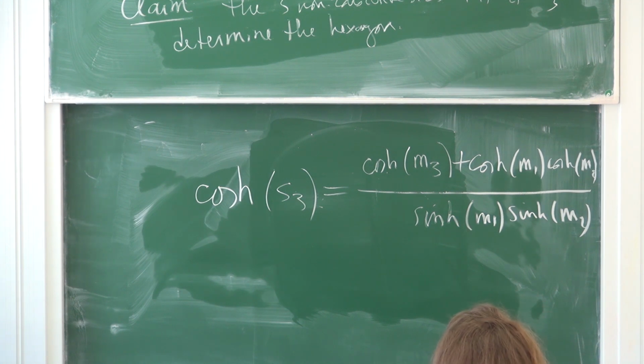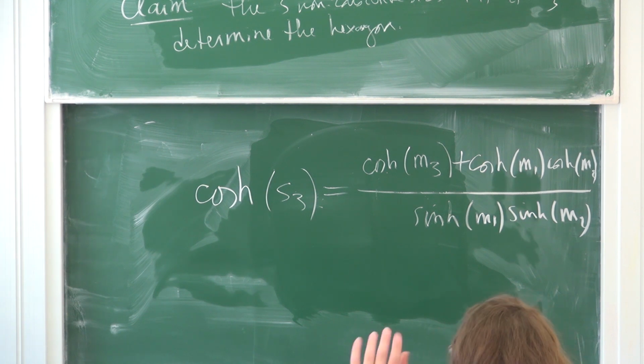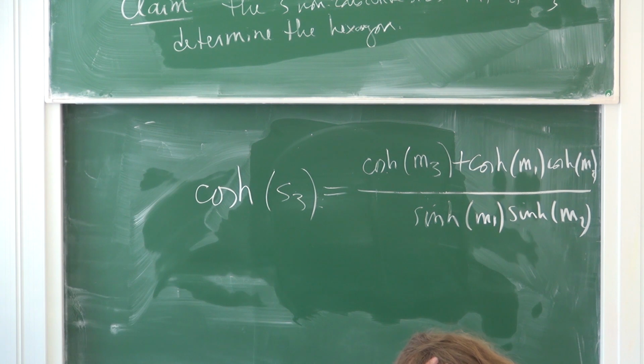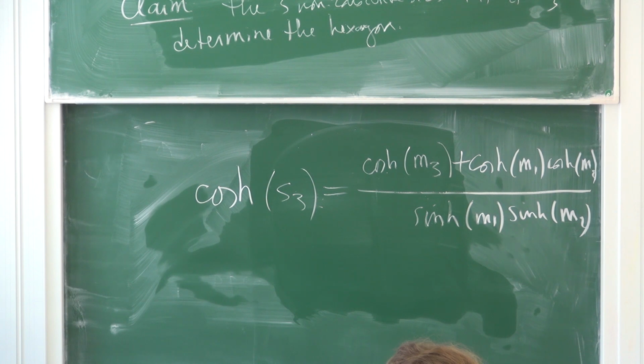Okay, so I have the first definition of Thurston's metric, best Lipschitz constant between these. When you learn a little bit of the theory, then you will see how you can try to find the best Lipschitz maps between two such hexagons.